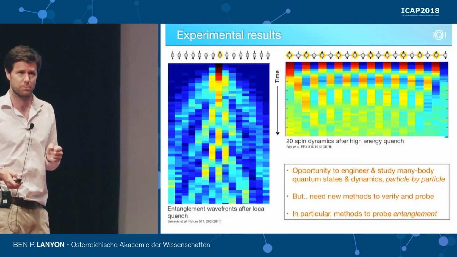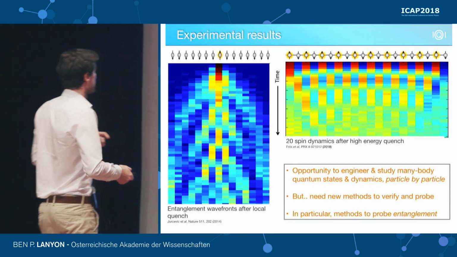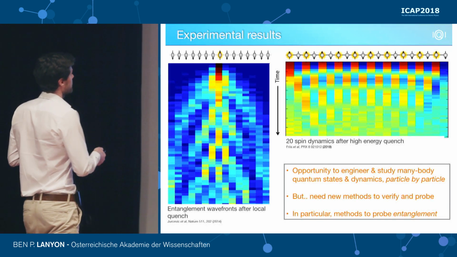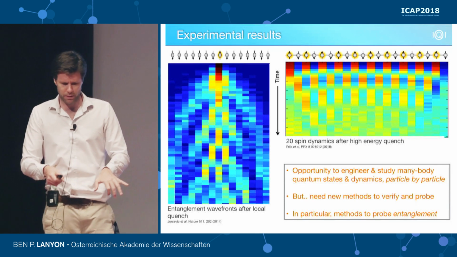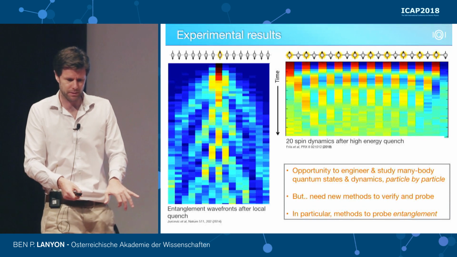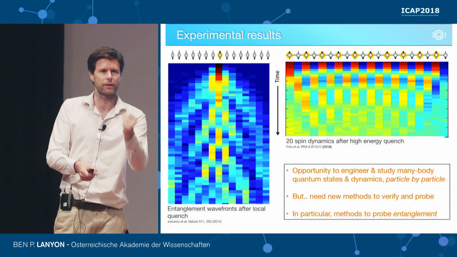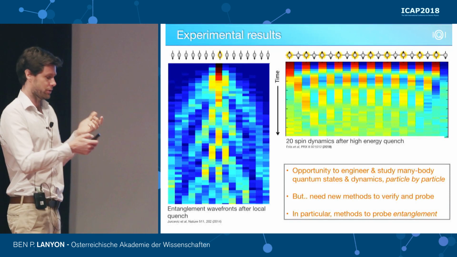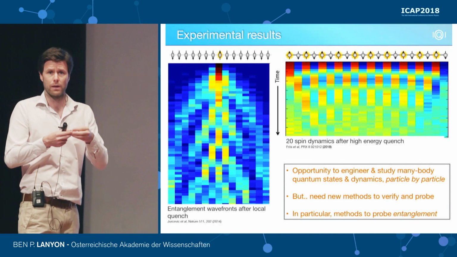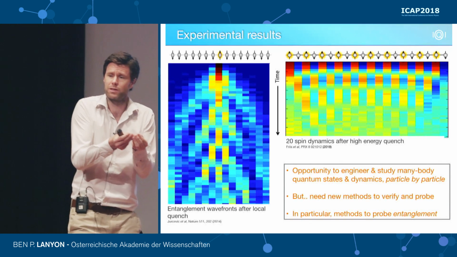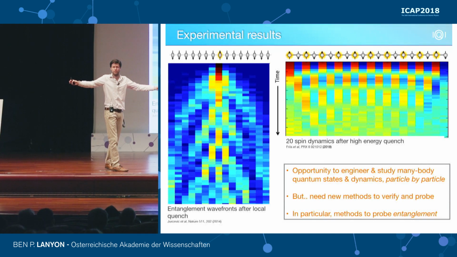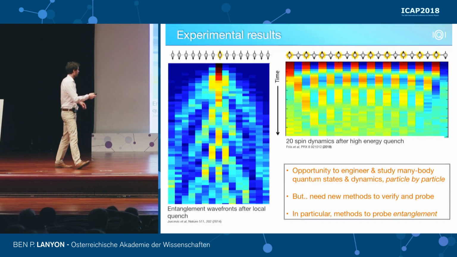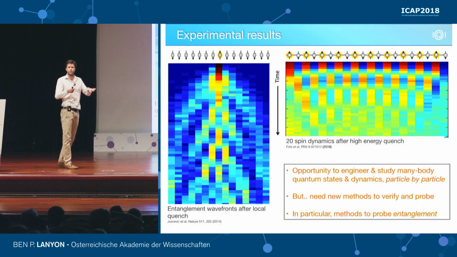Okay, so here are some of our experimental results in recent years. Over here, we have a 15-spin system, and we prepare it in the ground state of some Hamiltonian, which happens to be a product state, all spins down, and we put an excitation right in the middle. We flip one spin, and what you're seeing here is experimental data showing this spin excitation, this magnon quasi-particle, coherently dispersing inside the system and bouncing off the boundaries and creating these beautiful interference patterns.